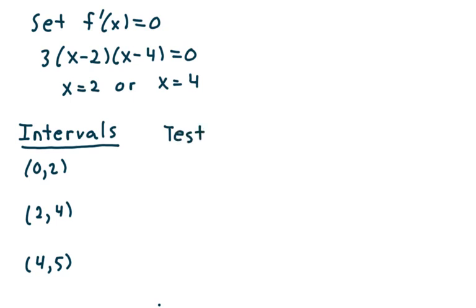On the interval 0 to 2, I'll test x equals 1. On the interval from 2 to 4, I'll test x equals 3. And on the interval from 4 to 5, I'll test x equals 4.5. We're going to determine on 0 to 2 whether the function's increasing or decreasing. Same with 2 to 4 and 4 to 5. So over here, I'm going to put increasing or decreasing, like so.